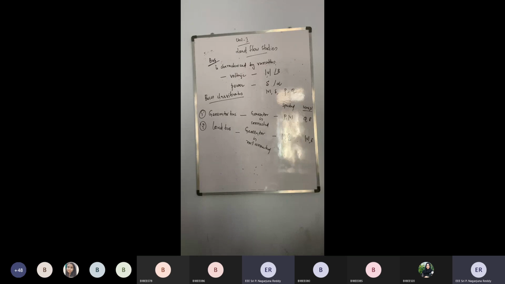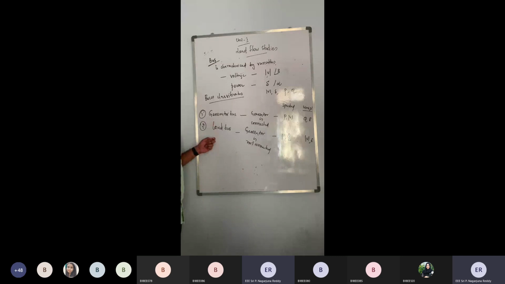What do you mean by bus? A bus is a physical node with four variables: voltage, angle, active power, and reactive power. And what is the classification of buses? There are 2 types of buses.